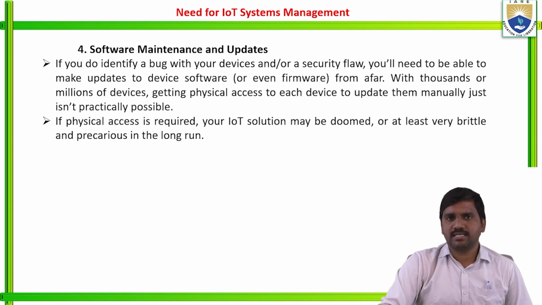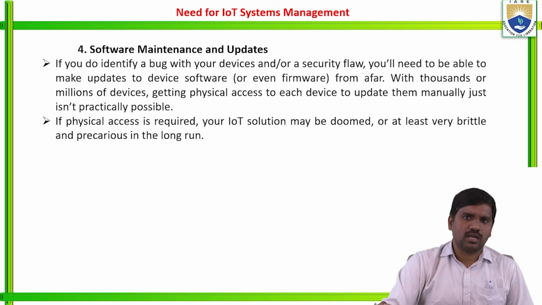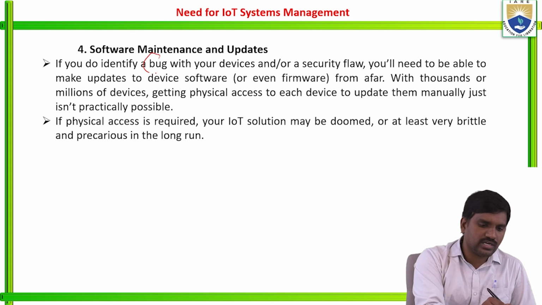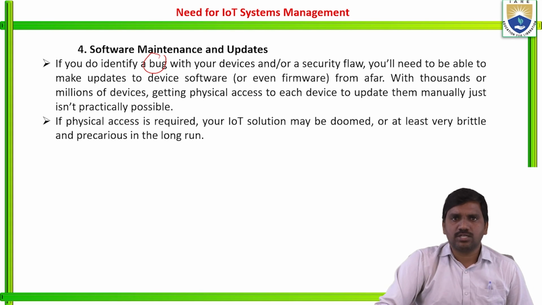Next, software maintenance and updates. We compulsorily have to maintain the software, otherwise there may be some drawbacks. So here we have to maintain the software, and it will be updated automatically. For example, if you identify a bug with your devices or a security flaw, you will need to be able to make updates to device software from afar.